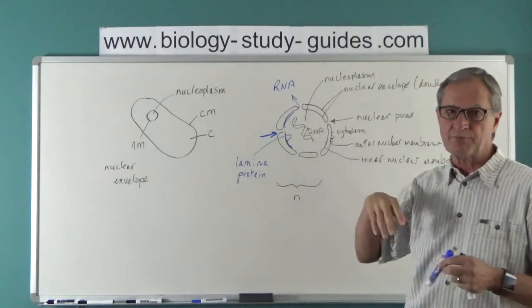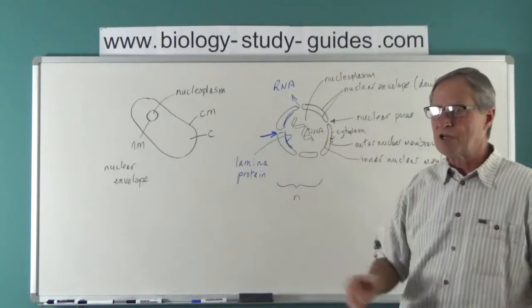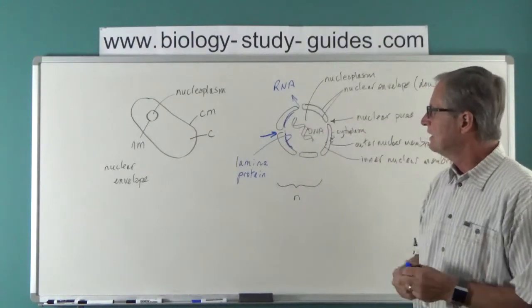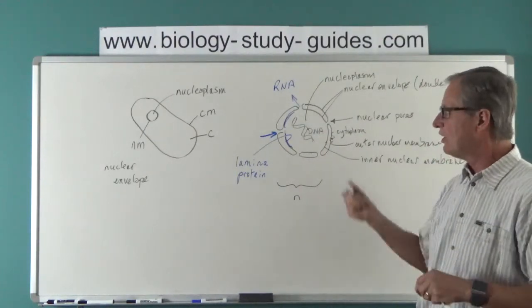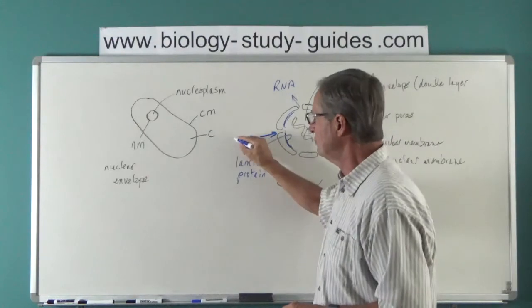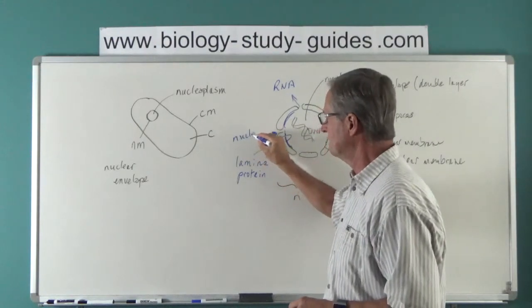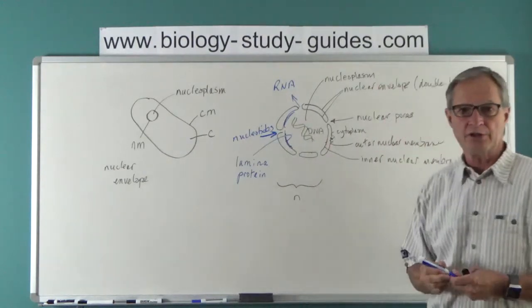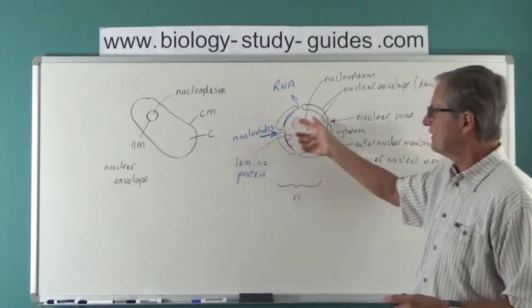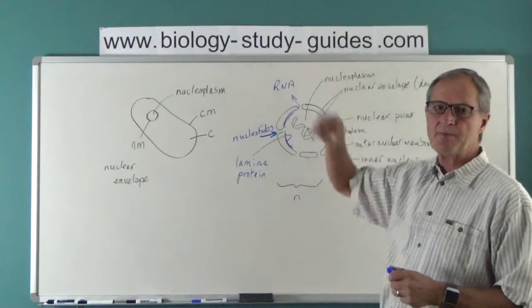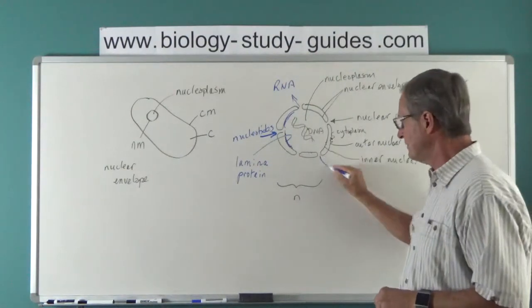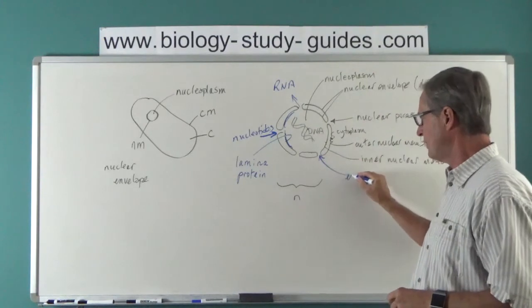That's a topic of protein synthesis, which is an entirely different video series. So RNA goes out, but to make the RNA, we have to have nucleotides. So nucleotides have to be able to enter the nucleus. The nucleotides come in, they get assembled into RNA molecules, and they go out. That whole thing requires enzymes, so enzymes have to be able to get in as well.